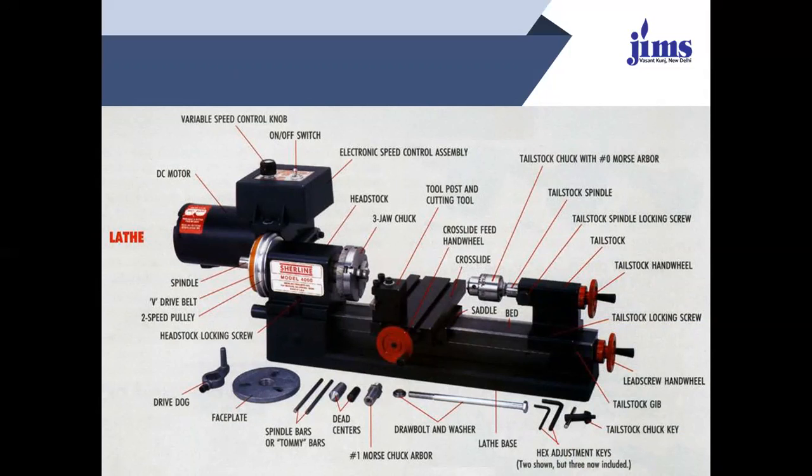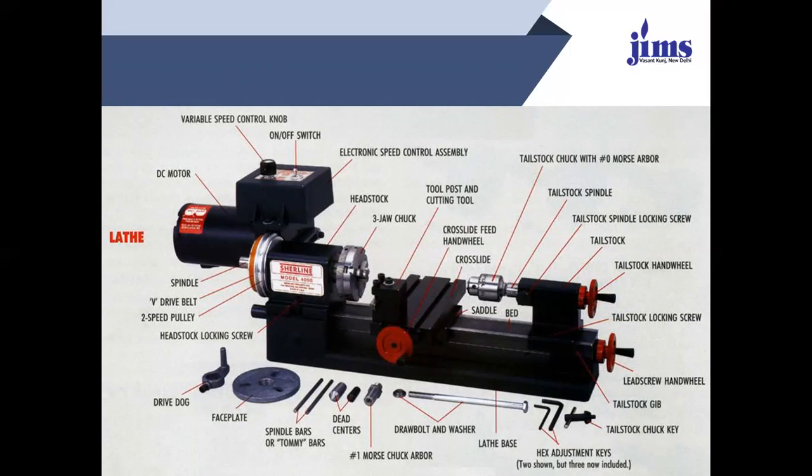A DC motor is there, a spindle, a V-drive belt, a two-speed pulley, headstock locking screw, drive dog, faceplate, spindle bars, and dead centers.